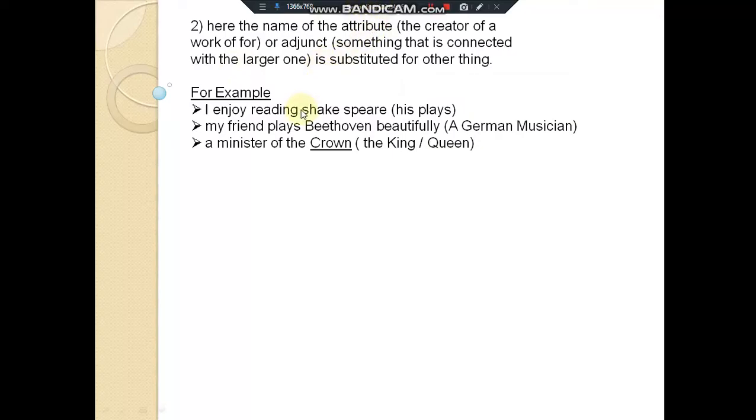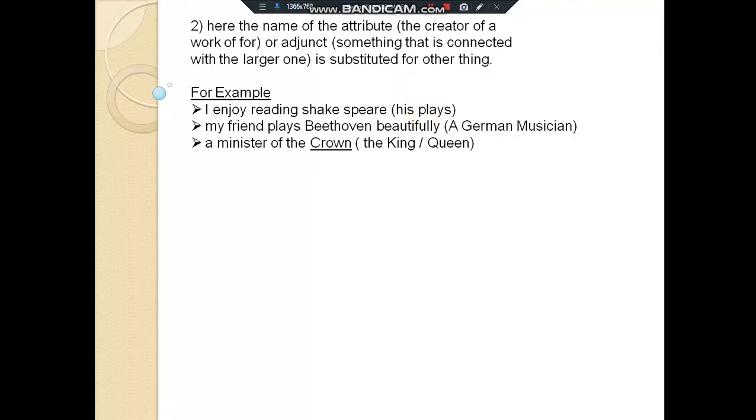So for example, look here, if I say I enjoy reading Shakespeare, it means I'm not interested in Shakespeare and his personality. Shakespeare is the creator, a writer, and I'm talking obviously about his plays, about his poetry, that I love to read Shakespeare. It means that I'm talking about reading his plays.